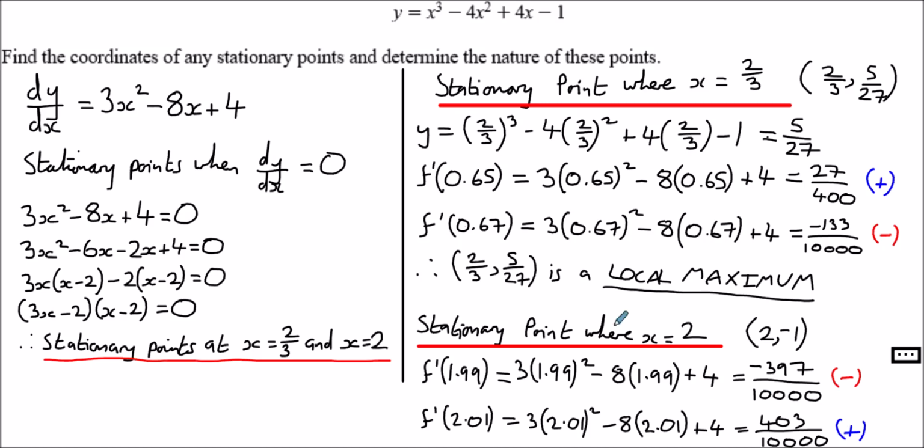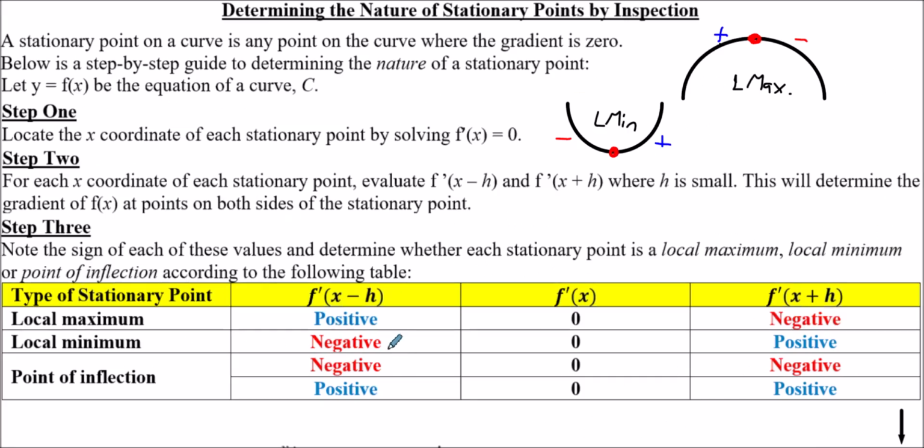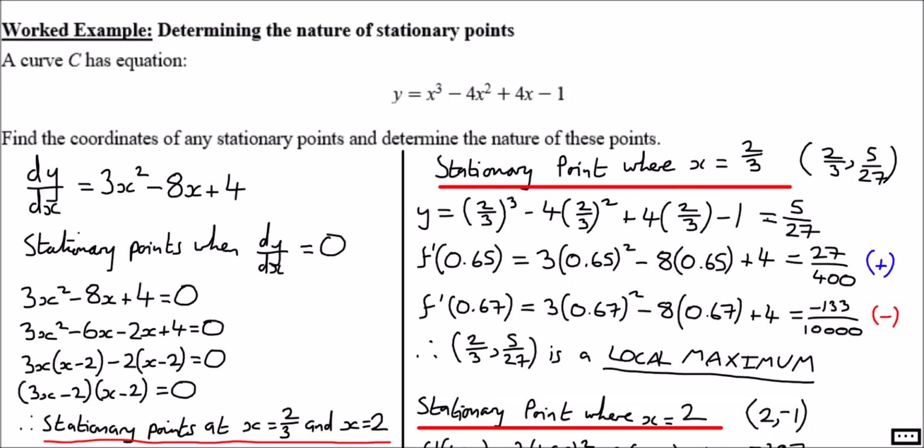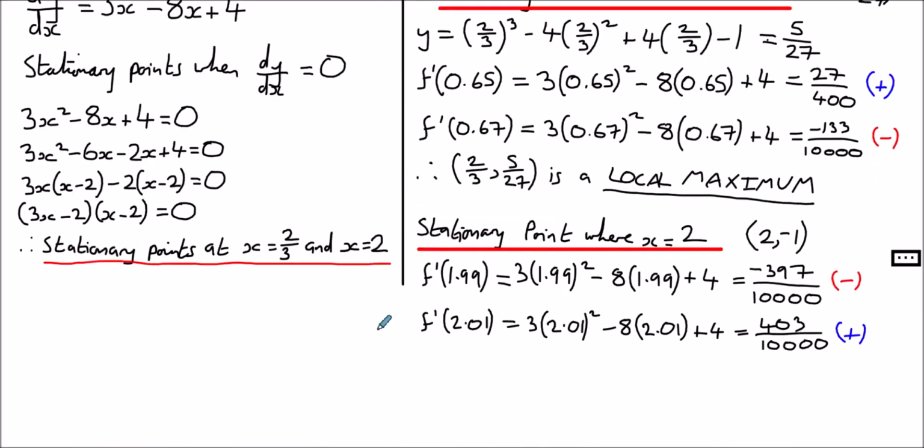And so if we just go back and think about what sort of stationary point we have, if it goes from negative to 0 to positive, that proves we have a local minimum point. So therefore we can say that the point (2, -1) is a local minimum.